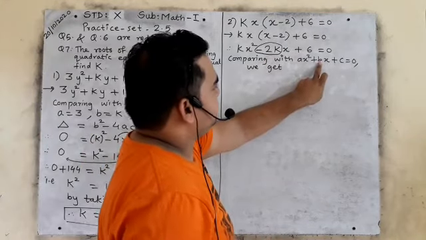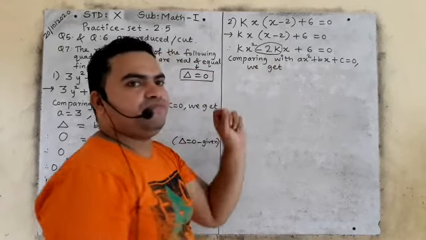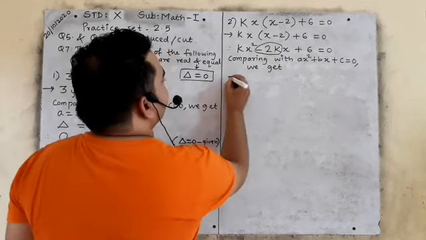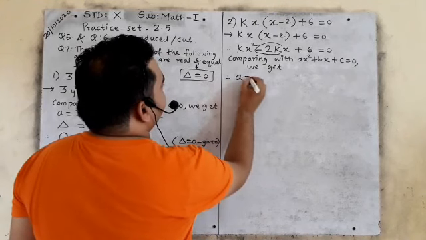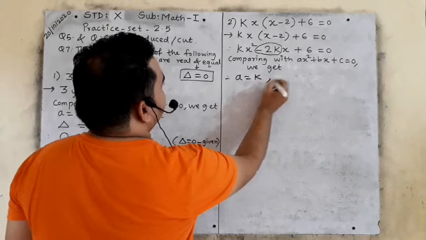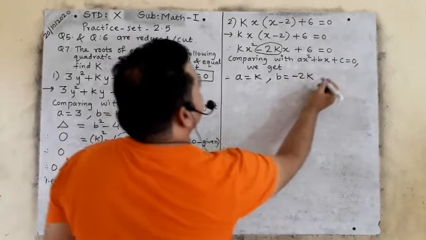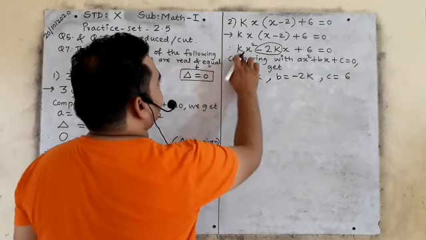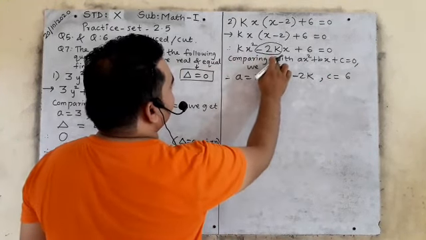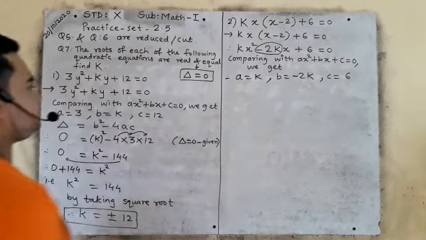Leaving out x, whatever remains is the value of b. Therefore the value of a is k, the value of b is minus 2k, and c is 6. You have to write it.